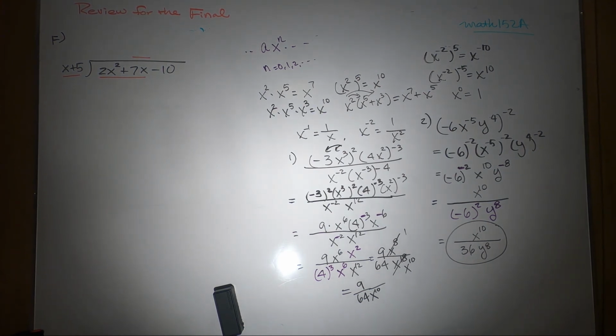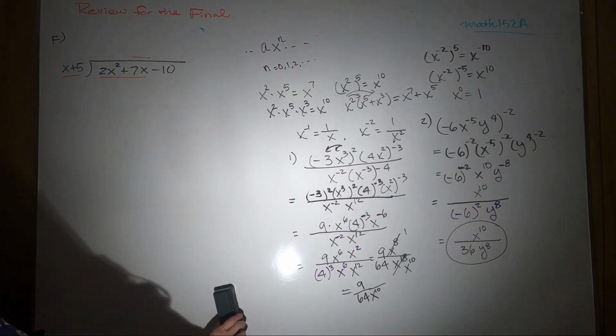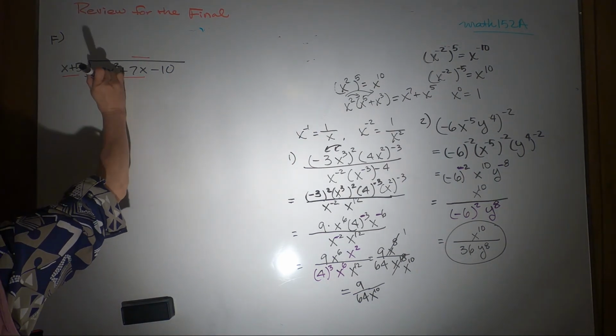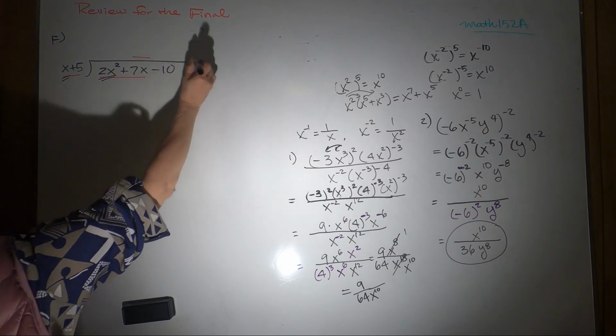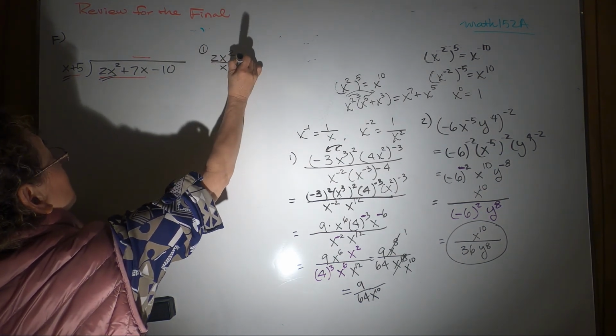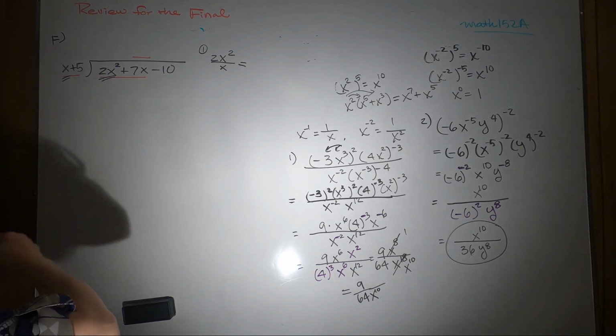And when we divide variables with powers, we can only divide one term into one term, right? To find the quotient one at a time. So we can only compare the first term to the first term. So the first quotient would be the first term into the first term.